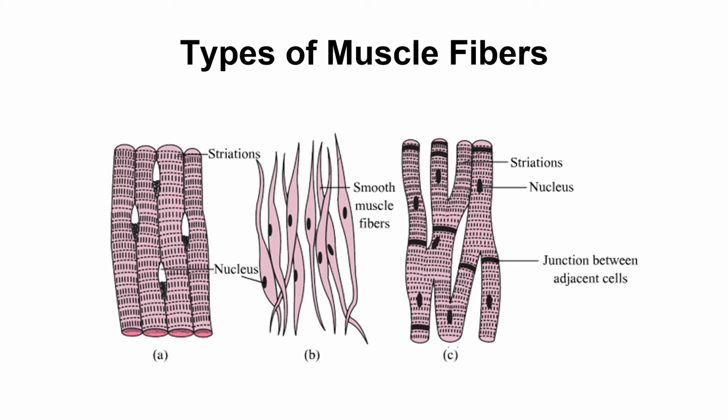Their contraction is vigorous, rhythmic, and involuntary. In the middle we have a collection of fusiform non-striated cells of smooth muscle fiber, and their contraction is slow and involuntary.